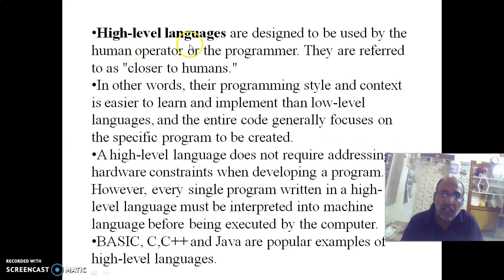Next one is the high level language, designed to be used by the human operator or the programmer. They are referred to as closer to humans. In other words, their programming style and context are easier to learn and implement than low-level language, and the entire code generally focuses on the specific program to be created. A high-level language does not require addressing hardware constraints when developing a program.